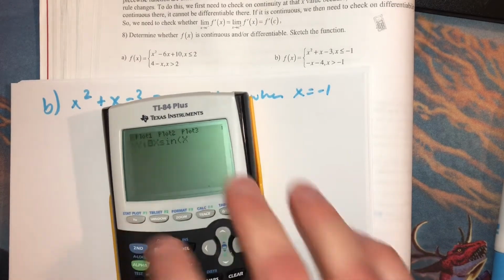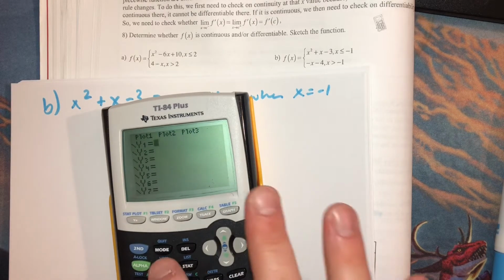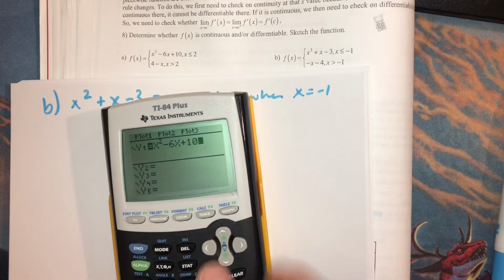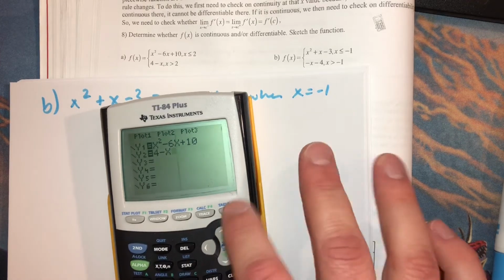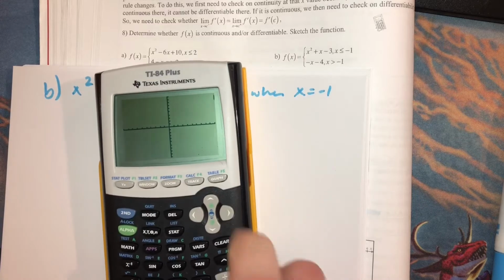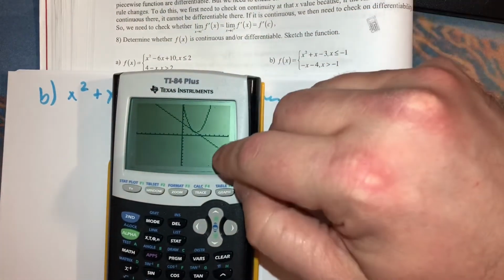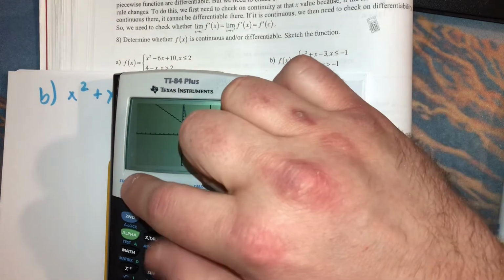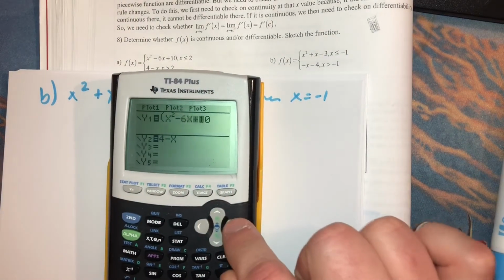On the main screen, I always forget, there's a way to graph piecewise functions using the calculator. It's not that big of a deal. Let me zoom standard. So these were changing when x is equal to 2.